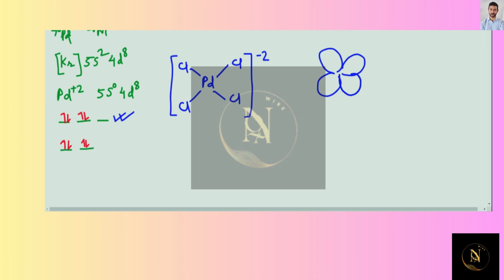So pairing is taking place. Energetically, it is favorable. Together, these two factors ensure the square planar geometry of the complex, and even if the ligand is not a strong field ligand but a weak field ligand, palladium acquires square planar geometry.